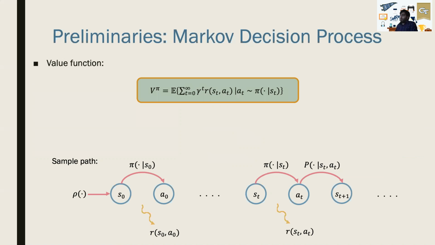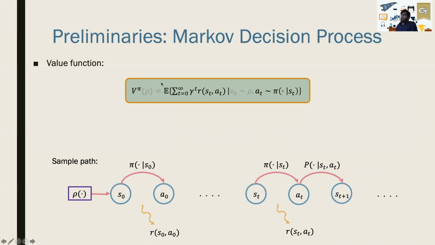However, we have to somehow mathematically explain what we are doing here, and that's where the Markov decision process comes into play. In a Markov decision process, the main objective function is the value function, which is defined here. It's a function of the policy and also some initial distribution rho, which I'm going to ignore during this presentation since it's constant throughout.